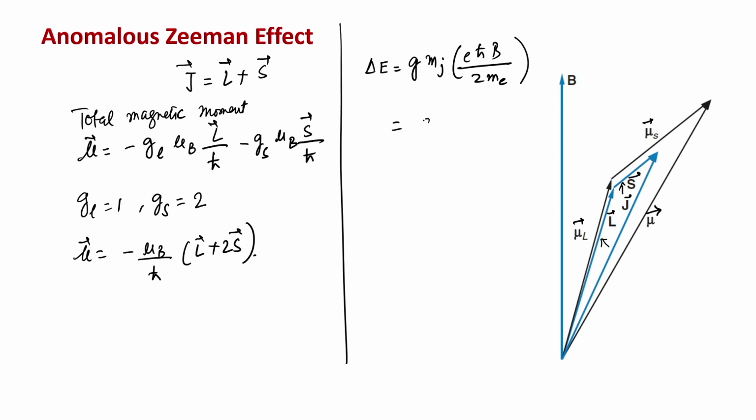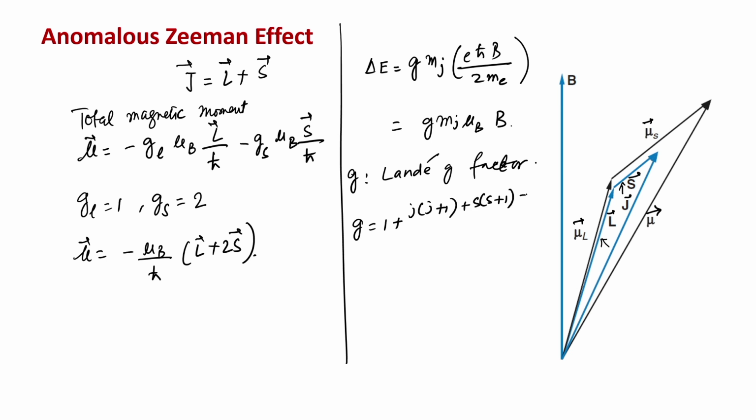And this is nothing but equal to g m_J mu_B B. So, mu_B is the Bohr magneton, which is eħ by 2m, and so g is called the Landé g-factor, and which has a form which is equal to g equal to 1 plus [J(J+1) plus S(S+1) minus L(L+1)] divided by 2J(J+1). That is the Landé g-factor.